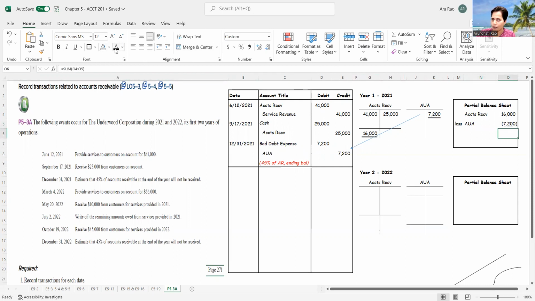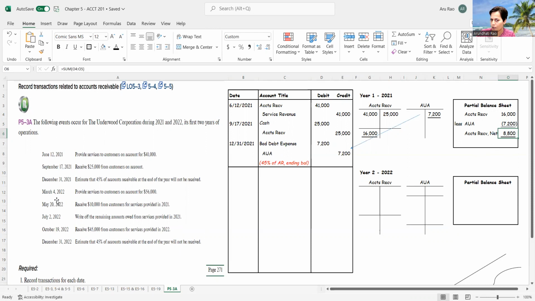What I am confident of collecting is the 8,800. Once again, what you would see over here is 7,200. That's a number from here. So accounts receivable is an asset. Allowance for uncollectible account is a contra asset. You subtract it from the asset account to arrive at the net number. This is what's presented in the balance sheet.